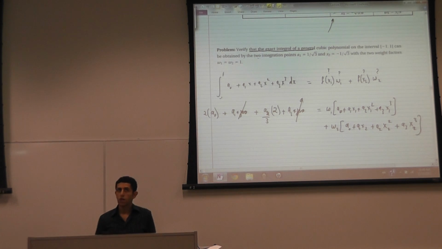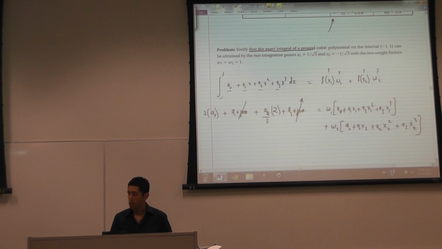So for a general cubic function, these will vary. You have one cubic function where A3 is 1 and everything else is 0. For another cubic function, you can have A3 is 1 and A2 is 1 and A1 is 0 and A0 is 0.